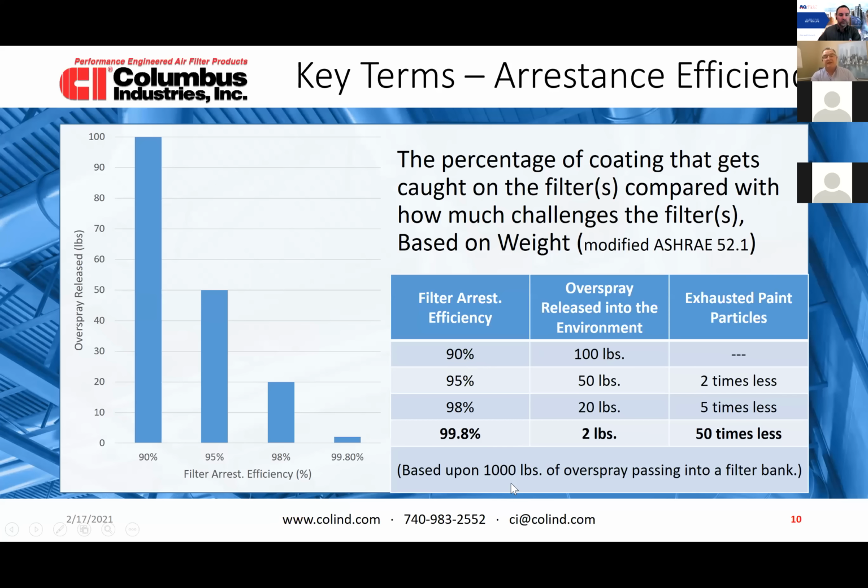Now, the other question is, what is the difference between 98 and 99.8, or 95 and 98? One would say 95 is great or 98 is fantastic, but that small change in efficiency between 98 and 99, it's 1.8% in the system, is a big difference in terms of the multiple of particles that are being let out into the environment.